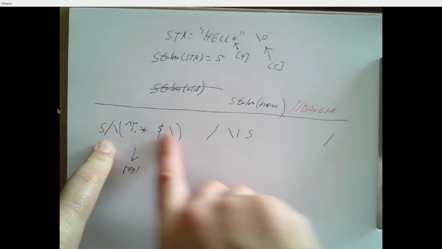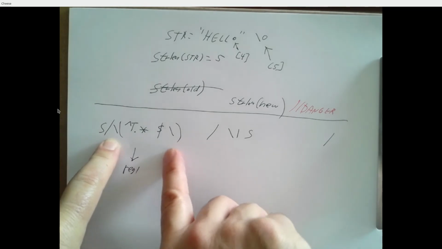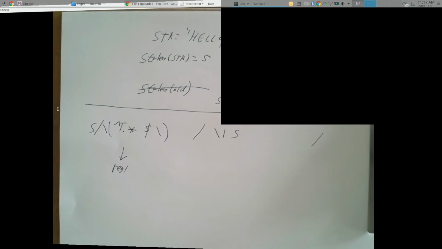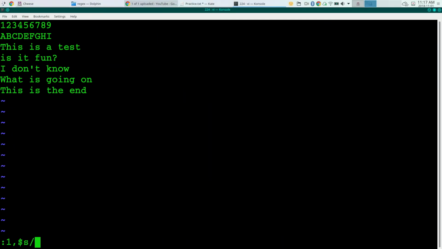But if there's an uppercase T in the beginning, then it will replace that line with the line followed by an S. Right, so the T is really just saying we're only going to match in that third and last line. And so those get S's added to the end.